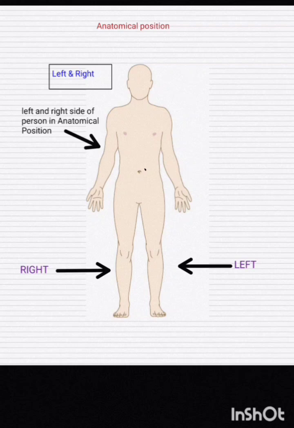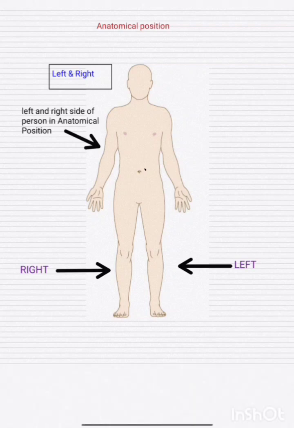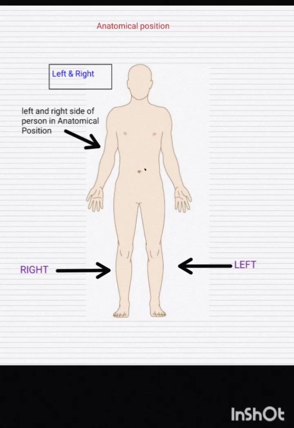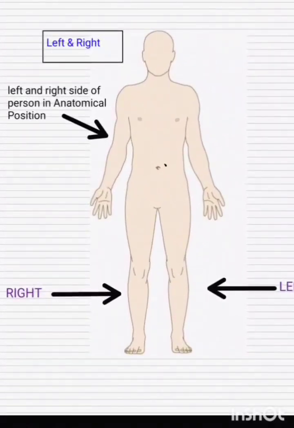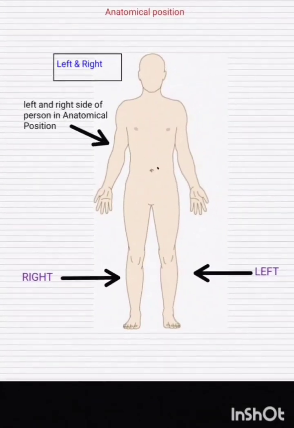So, when you're watching this video, you are the observer. It's not from your point of view, it is the subject's perspective, that is, the subject's left and right side. Always remember it is the subject's side, otherwise, you will get confused. Here, you can see a dark dot, that is a mole near the navel. So, it is on the left side of the navel.